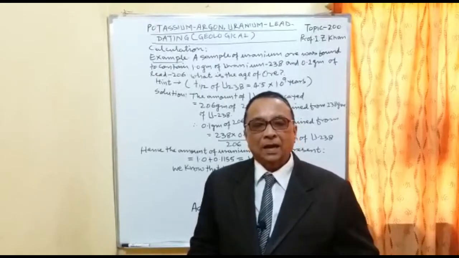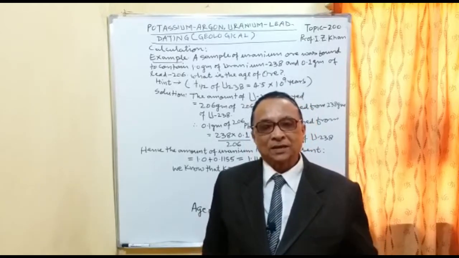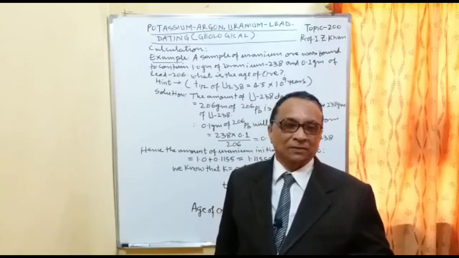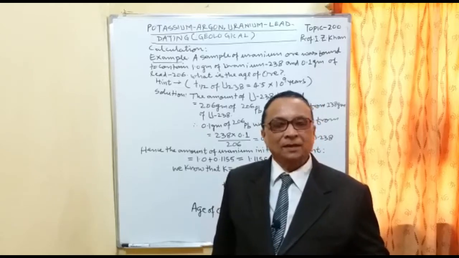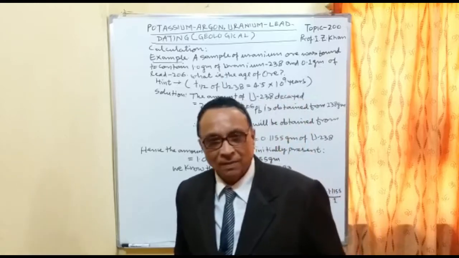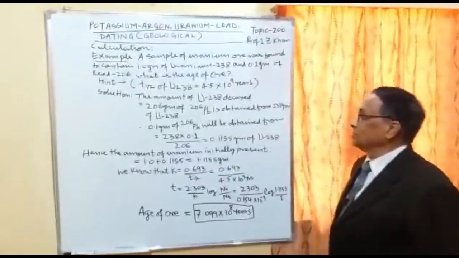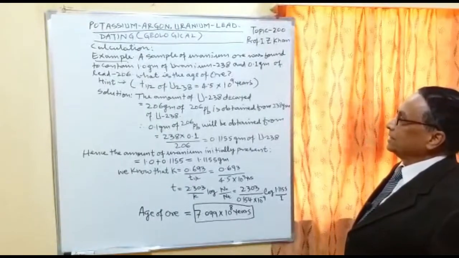So I have given one example for students just to show how to calculate. There are standard formulae given for half-life, time and decay. You just substitute the values, divide and multiply, and you will get the end result. Here the example I have taken is to calculate the age of a rock.